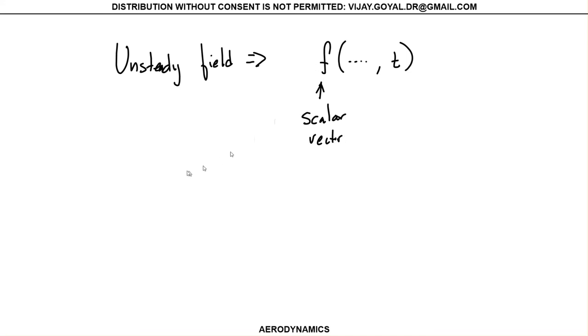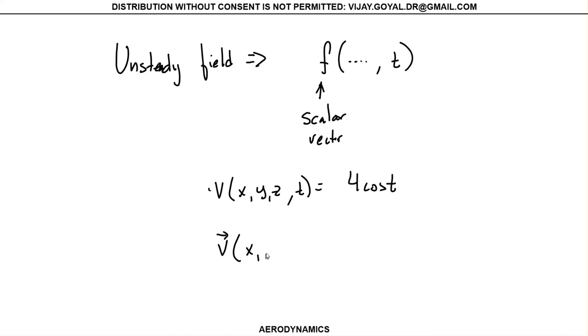As an example, maybe I have the speed, and I can say my speed is a function of x, y, z, and time. So I can say my speed is x times 4 cosine t. Okay, that's your speed.